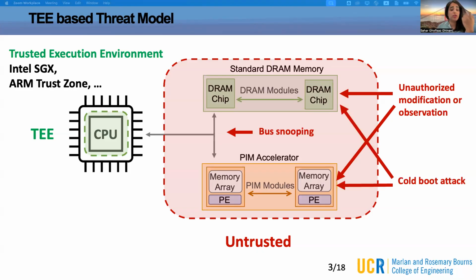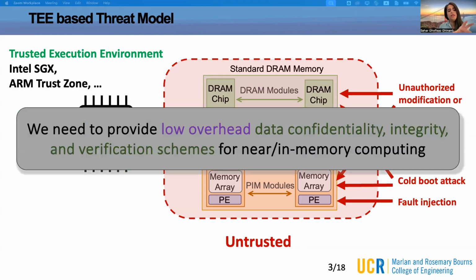They might try to launch a cold boot attack on the memories to retrieve some information. And also, there can be a backdoor in the PIM-enabled memory, which injects faults into the computation. Because of all these, we need to provide data confidentiality, integrity, and a verification scheme for PIMs.